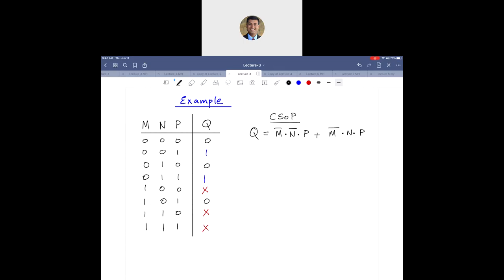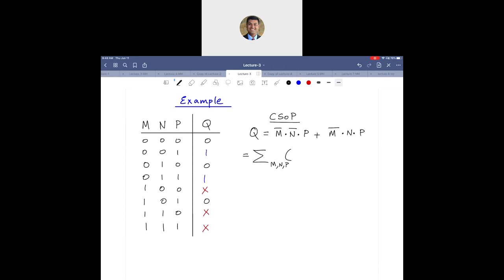Can I write that in terms of a shorthand notation? The order of the inputs followed by the row numbers. What are the row numbers here?